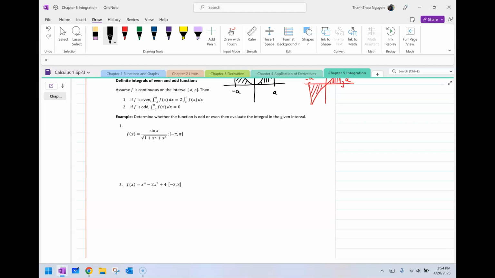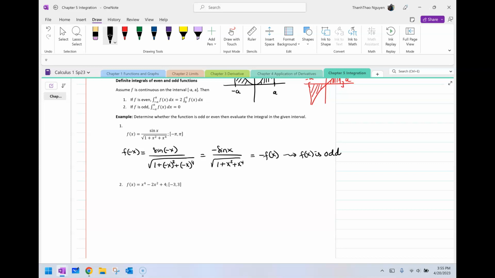To determine whether the function is even or odd, we substitute x equals negative x into the function and see what happens. f of negative x equals sine of negative x divided by root of 1 plus negative x squared plus negative x to the 4th. So this is negative sine of x divided by root of 1 plus x squared plus x to the 4th. This is equal to negative f of x. This implies f of x is an odd function.